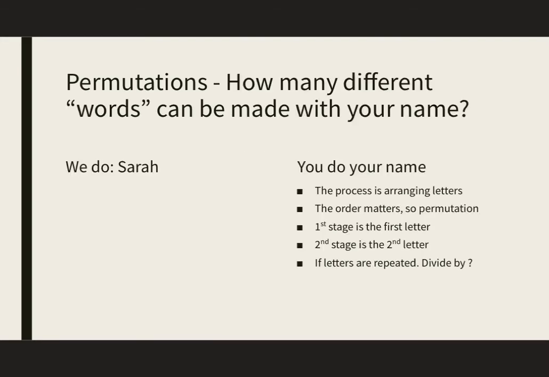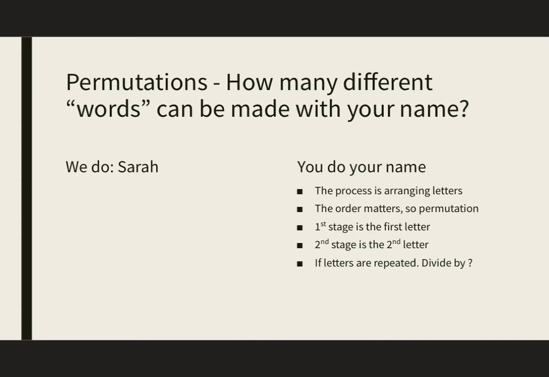Here it is. How many words can be made with your name? And I say "words" in quotes because they're not actually words, because some of them are just an arrangement of letters. But let's assume that if you rearrange Sarah's name, every ordering of the letters gives you an actual word. Doesn't matter that it's not really a word, okay?